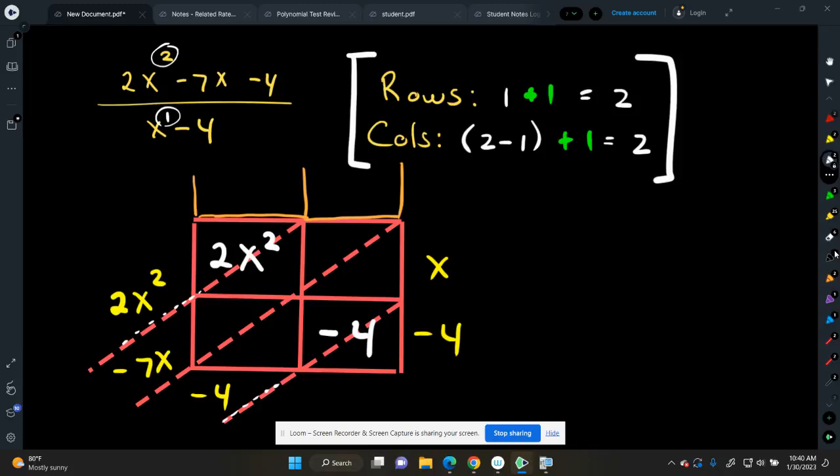Everybody should be doing this problem. Let's put 12x to the second in this box here.